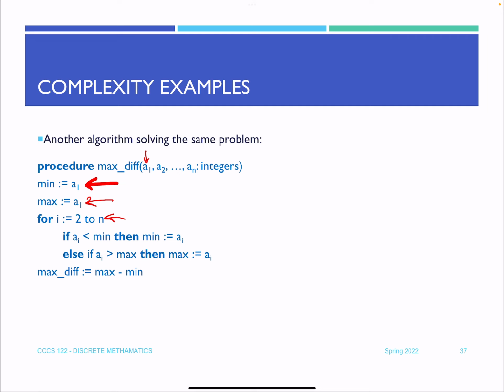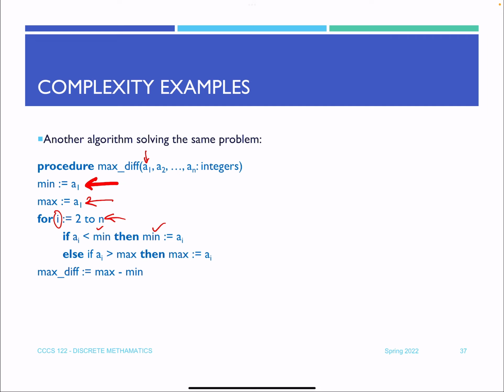Inside of that for loop, going from 2 to n, what we do is, with i being the loop counter variable, if a[i] is less than the previously held minimum, we update the value of min.